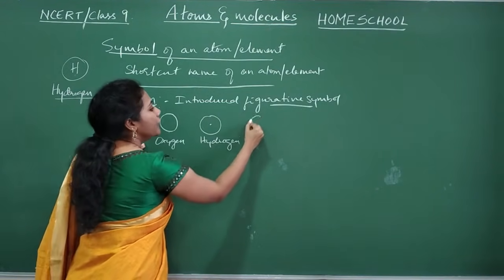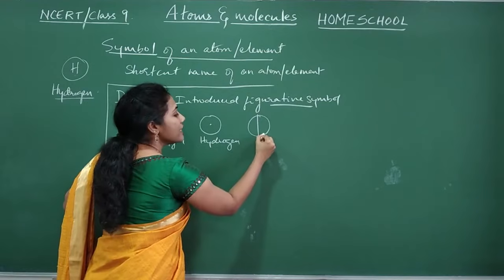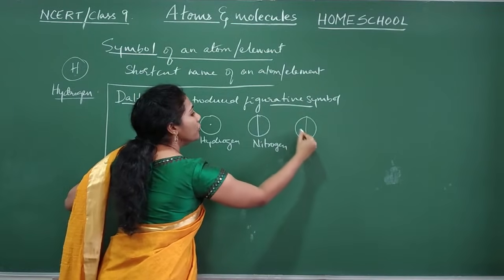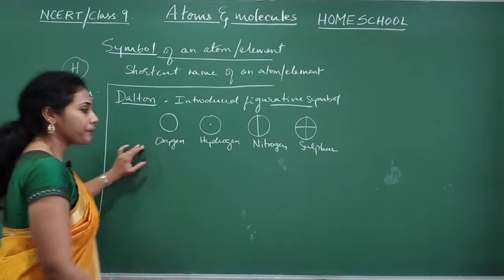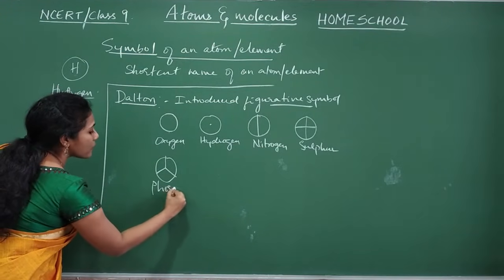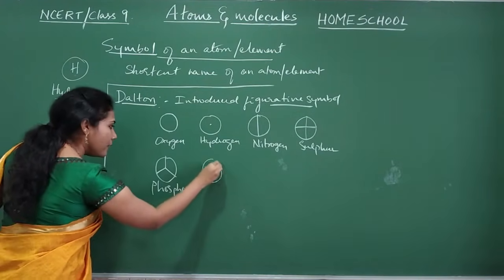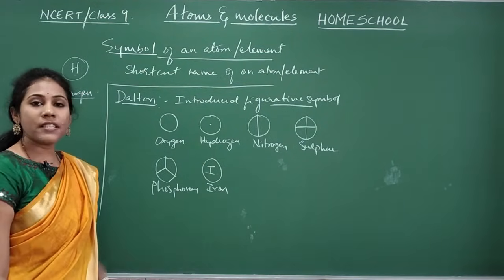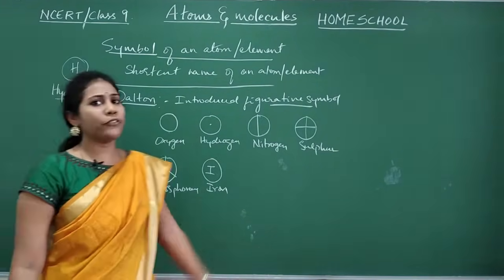And he drew something like this and called it the symbol for nitrogen. And this is the symbol for sulfur. And he did something like this and said this is the symbol for phosphorus. And within a circle he wrote I and said this is the symbol for iron. Like this he gave symbols for some of the elements.